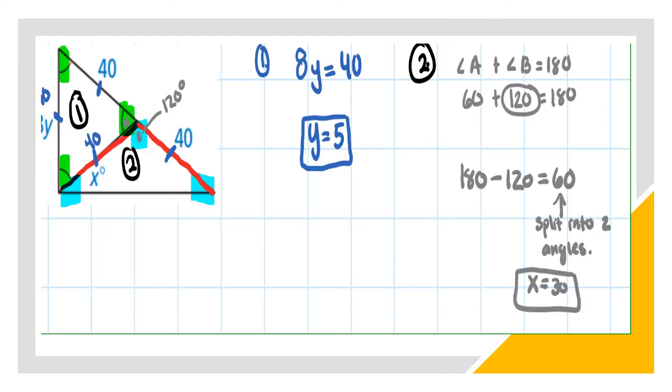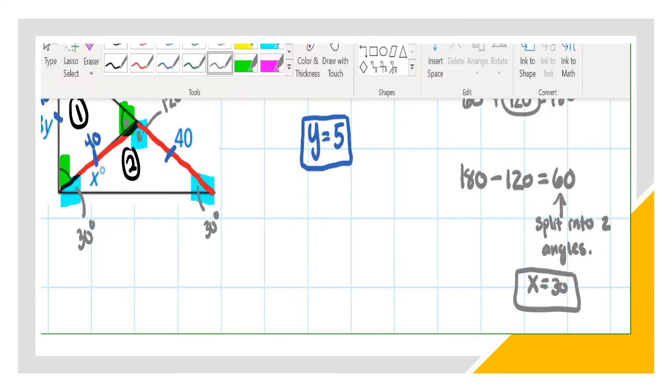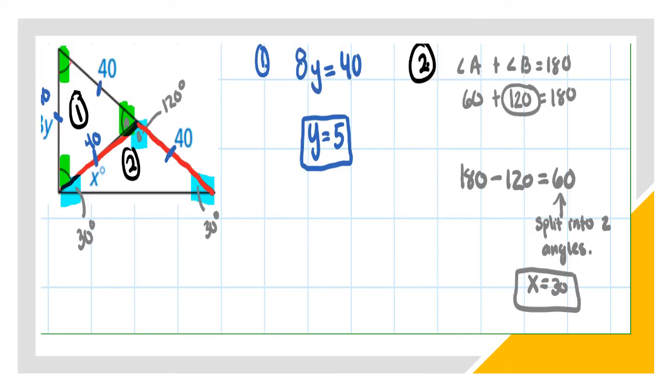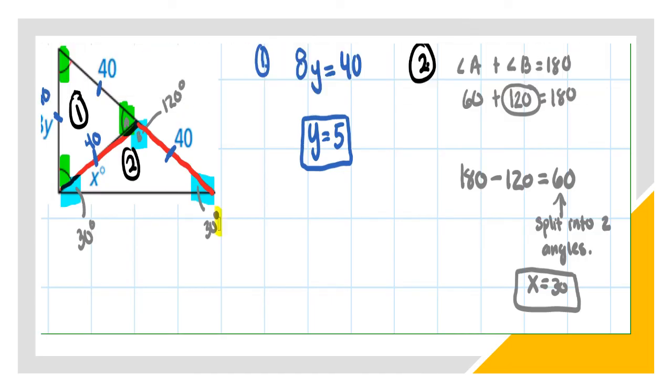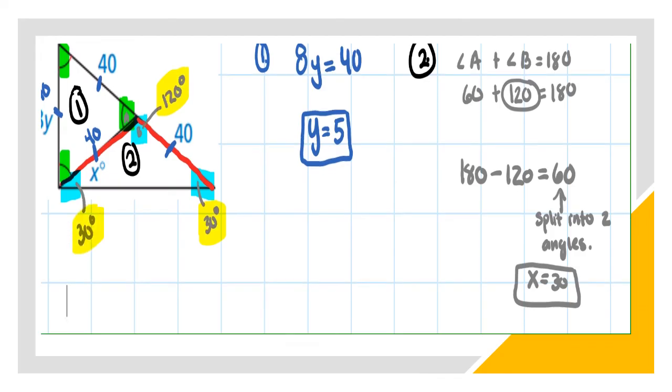From that 60, I have two angles, so I'm going to split it into two angles here. Each of them needs to measure 30 degrees. So x equals 30. So you found what you needed, x and y.